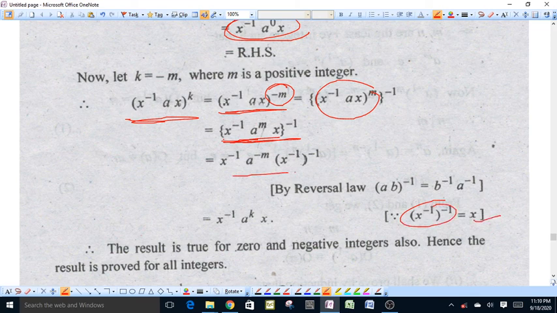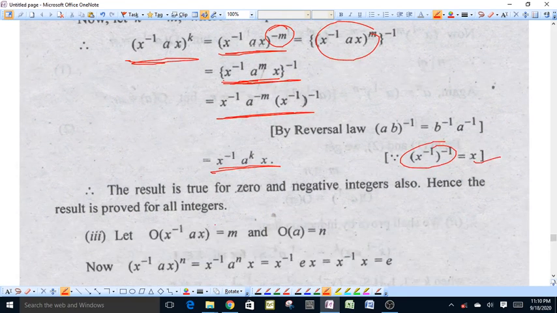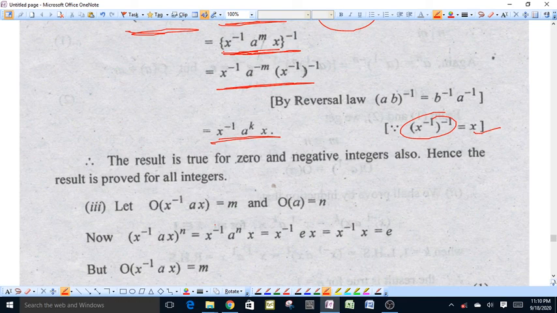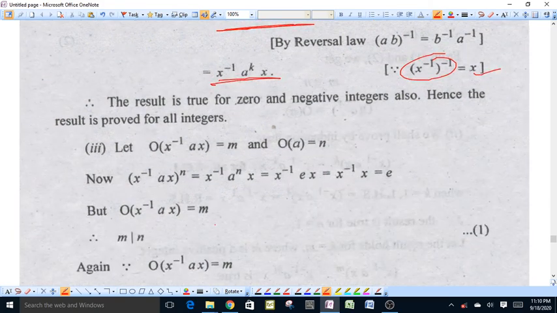This will be equal to x inverse A raised to power k x. This means the result is true for k equal to 0 and negative integers also, hence the result is true for all integers.